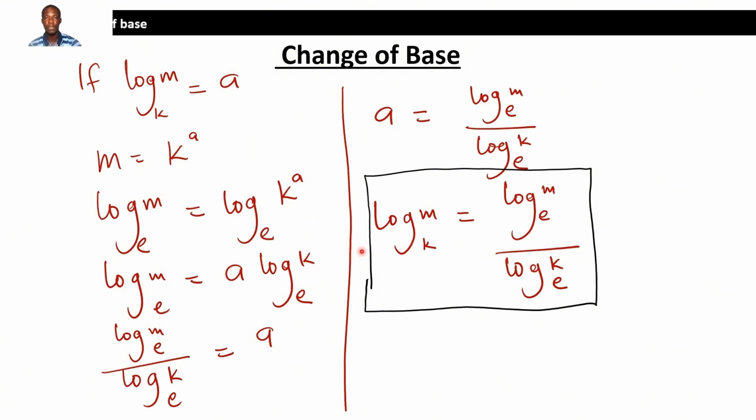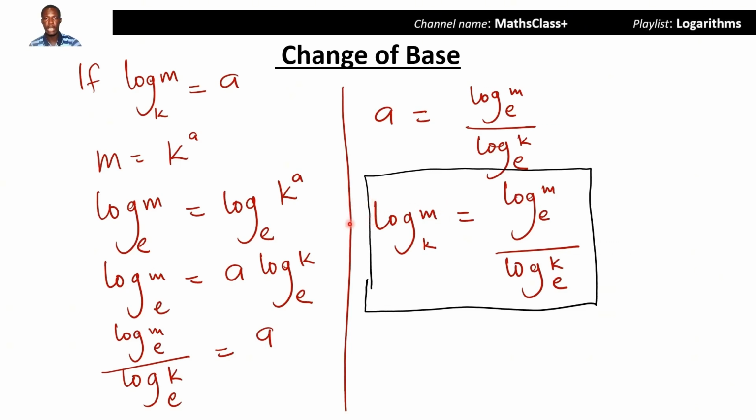But this time, each one has its own base: log of m to the base e, log of k to the base e. It's like we have split this expression and then given each of them a new base, but the base happened to be the same for both of them. Have you seen what I'm saying?